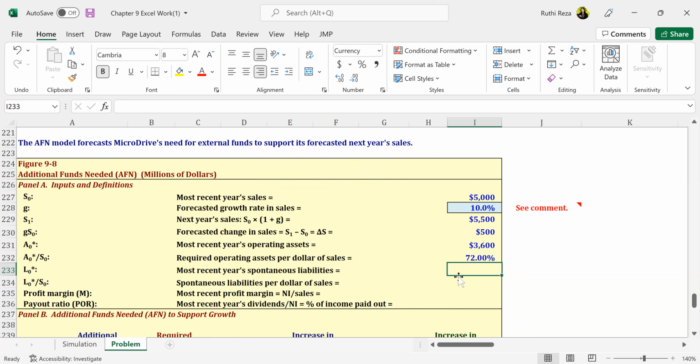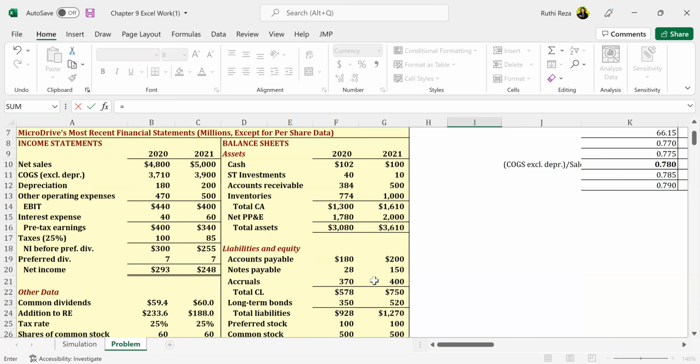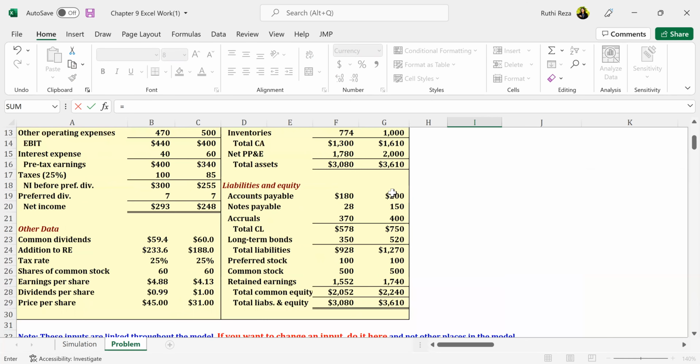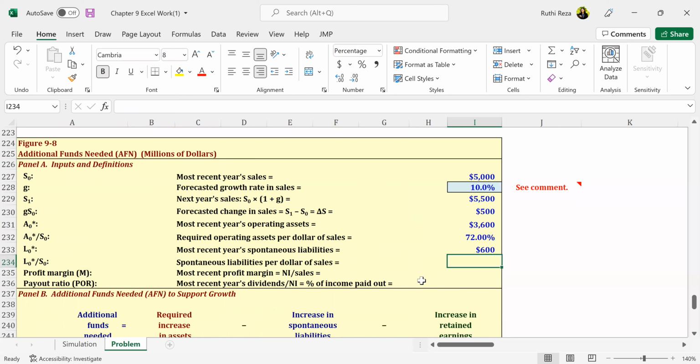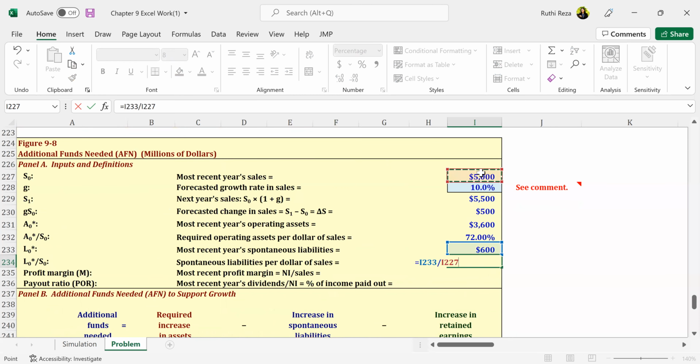Next, the most recent year's spontaneous liabilities. So spontaneous liabilities include all the current liabilities accounts except for the debt accounts. Next, spontaneous liabilities per dollar of sales revenue.